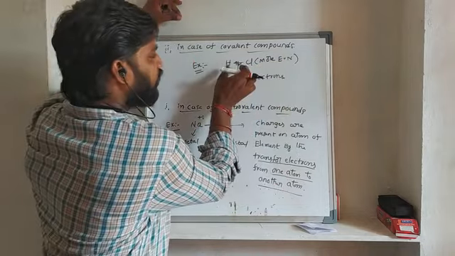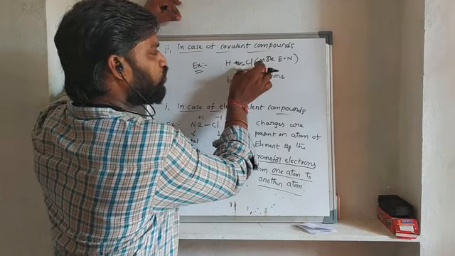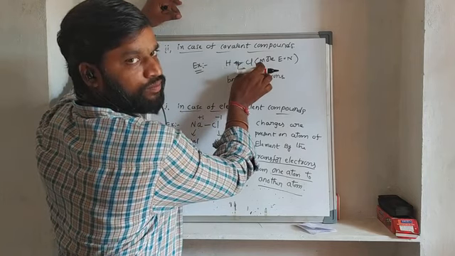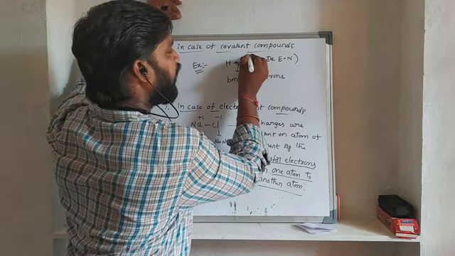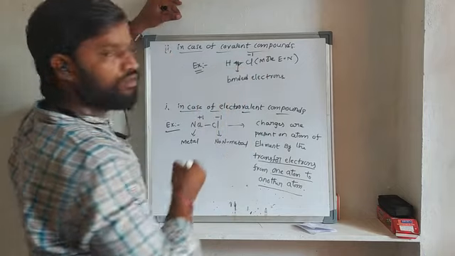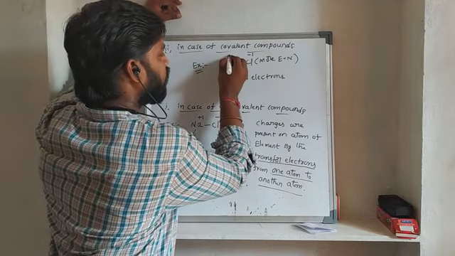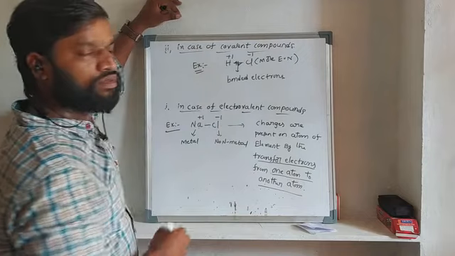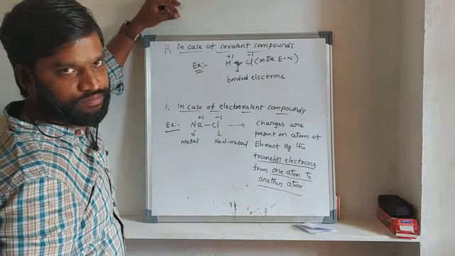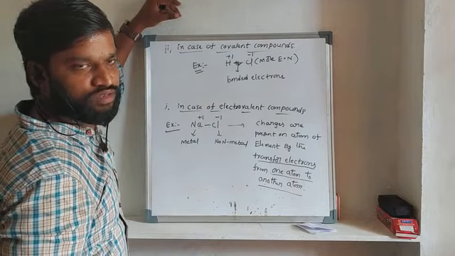That's why the bonded electrons are attracted towards chlorine. That's why a negative charge is acquired on chlorine and a positive charge on hydrogen. Okay, understood?